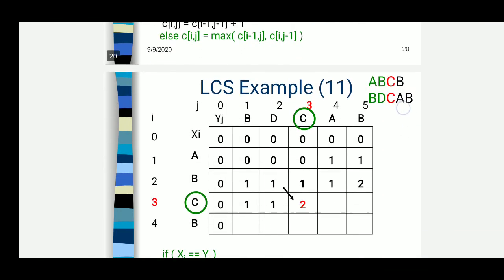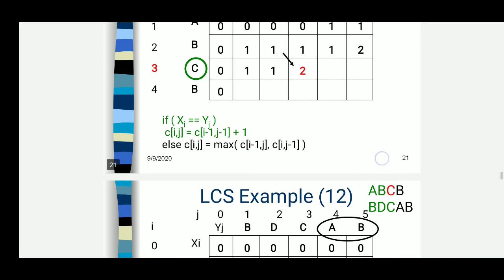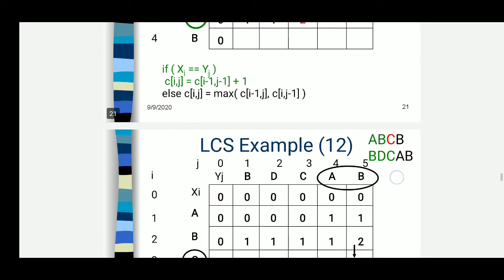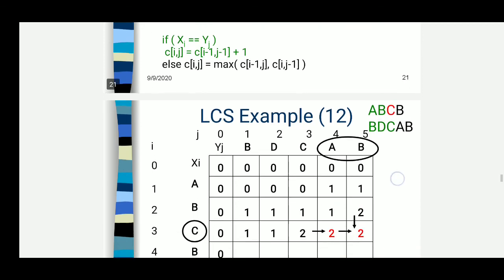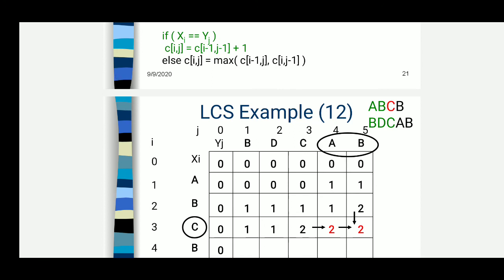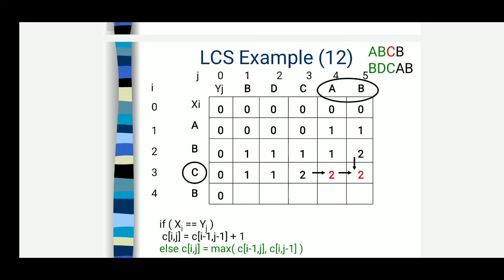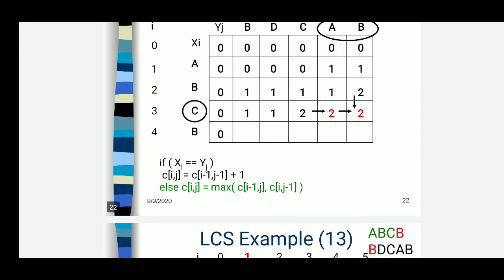Okay, so you can see here that whenever there is a similar value, we will take the precomputed value from the immediate diagonal plus 1. Otherwise, we will take the maximum value from the immediate left cell or immediate above cell and put it in the concerned cell.